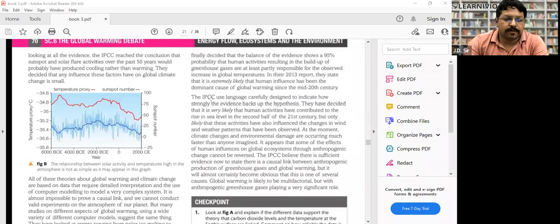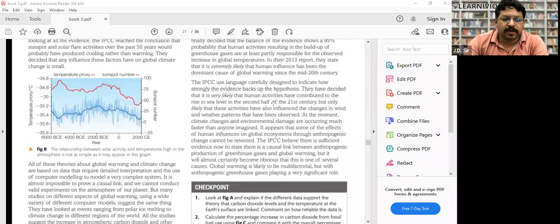The IPCC uses language carefully designed to indicate how strongly the evidence backs up a hypothesis. They have decided that it is very likely that human activity has contributed to the rise in sea level in the second half of the 21st century, but only likely that human activities have influenced the changes in wind and weather patterns that have been observed.